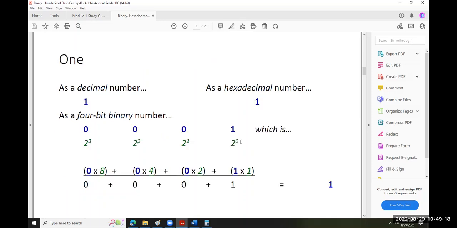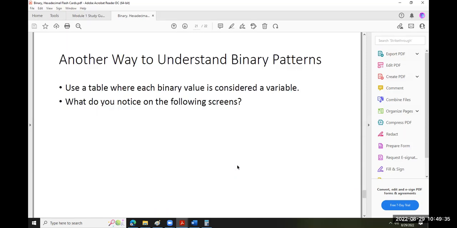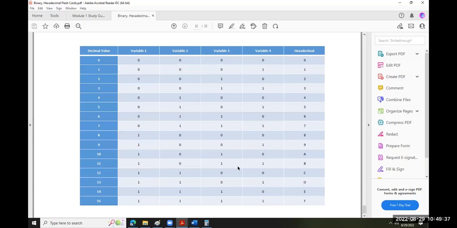So I kind of walked through this and I explained some things about how binary works. And what I'm doing is walking through each of the nibbles in hex, what they're worth. When you go all the way to the end, to F, another way to understand this: you have 4 values in binary, and then you have a hexadecimal value and you have a decimal value.